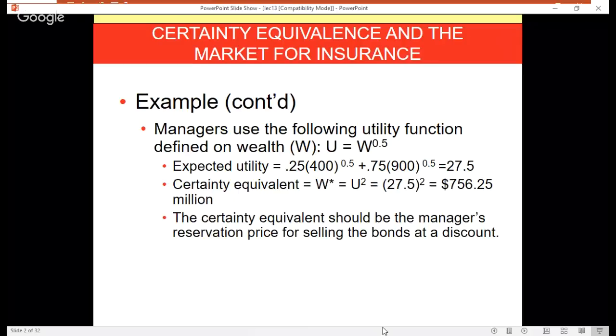So his expected utility is equal to 27.5.